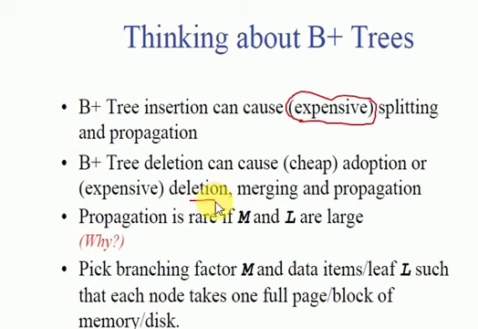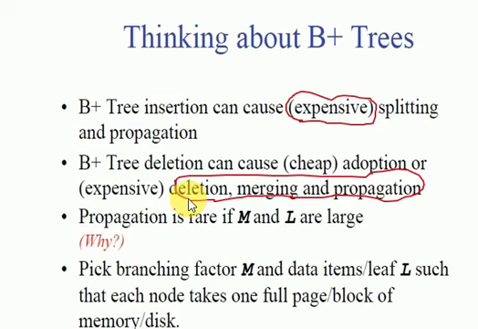So we have now seen the deletion and insertion cases of a B plus tree. There are the problems of merging and propagating the deletion to the upper level, right? So there is a case of adoption and expansion during insertion and deletion. These are some very important points in the B plus tree.